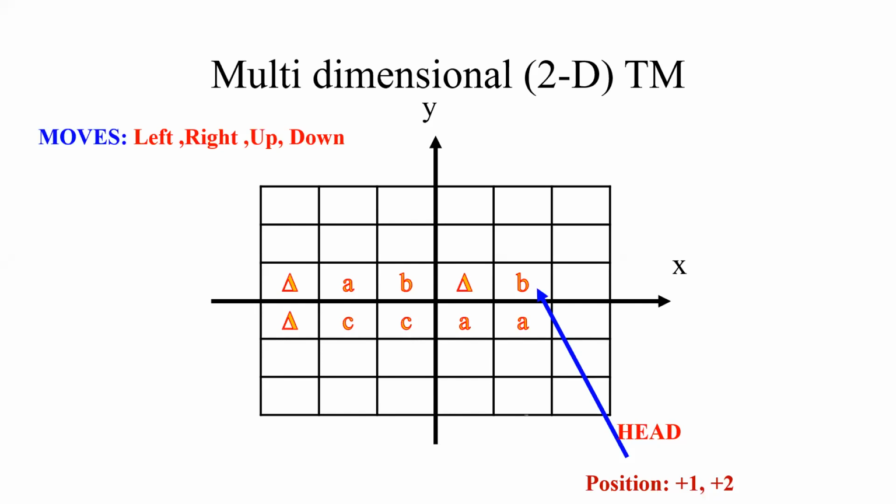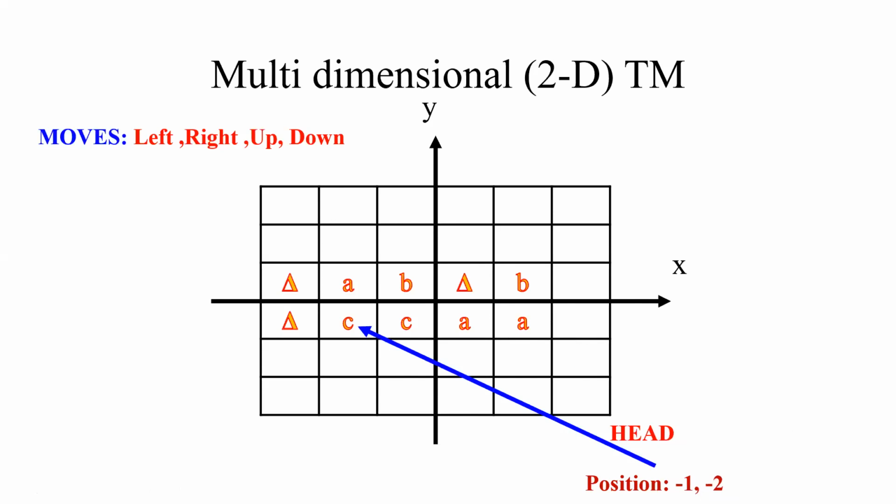Now, if I say that in this multi-dimension Turing machine, which is an example of a 2D Turing machine, my head is at this particular point, the position will be indicated by +1, that is the Y position, followed by the X position, which indicates that it is right now 2 points right of Y, 1 point above X. Up and down is indicated by the plus sign.